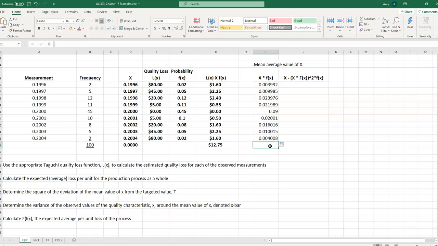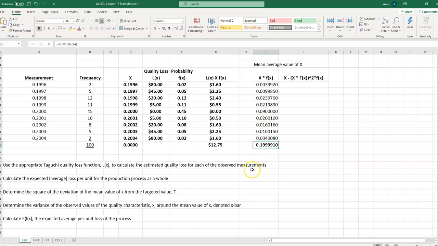Carry that down and sum, and we get this total value. That is our mean average value of X.